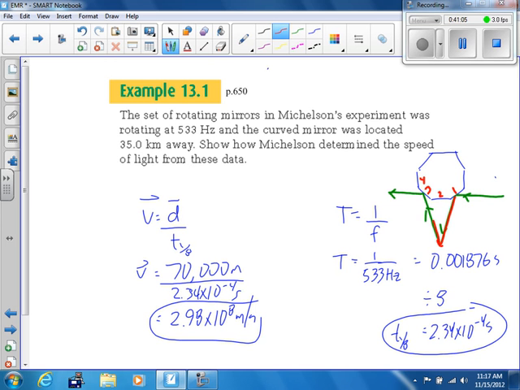If it reflects back here when this mirror is rotating, then one of the sides of the mirror must be oriented like that. It's not going to be side 3 actually, because when this started, side 3 was right there. If it's rotating, then either side 2 or side 1 has to have come in to replace side 3.